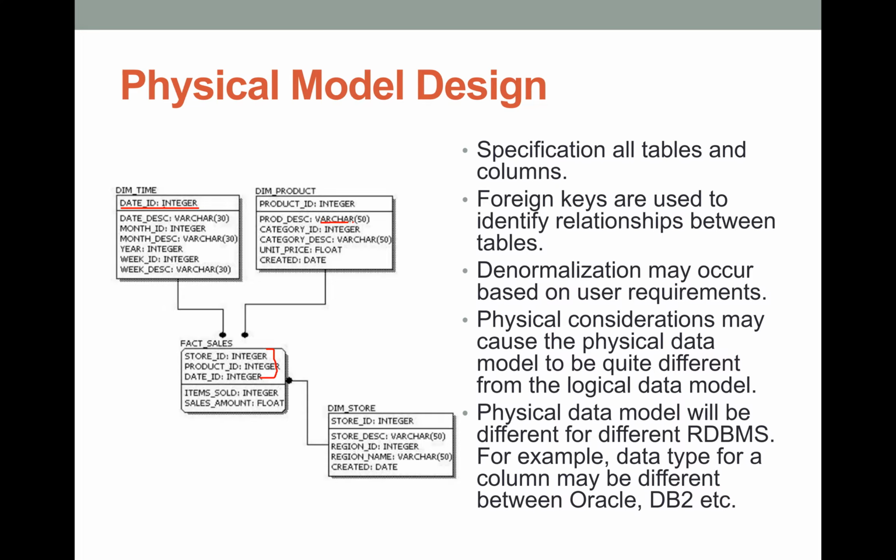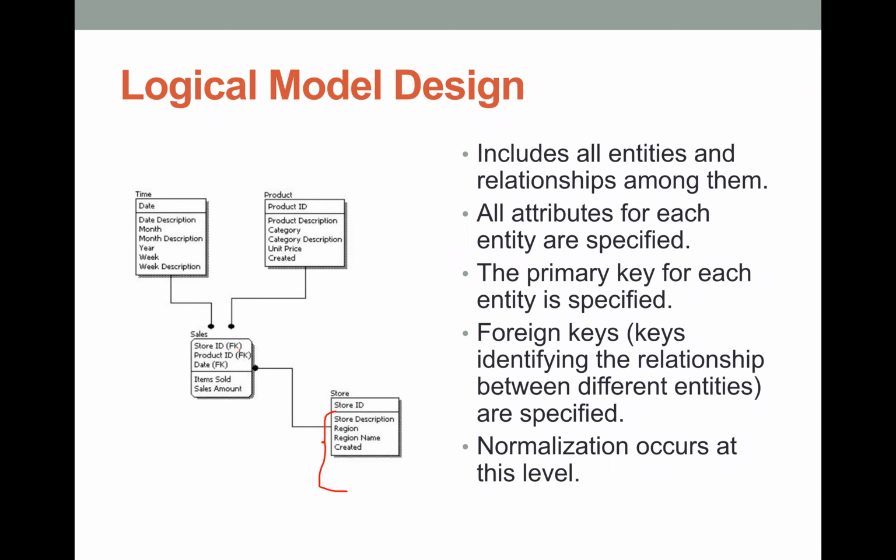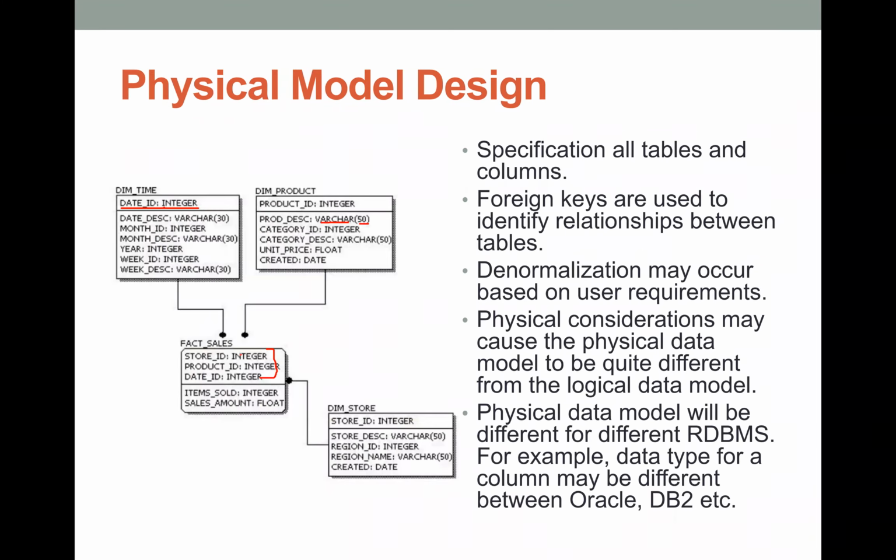What is the data type we need? What is the length? Data length is needed. Here, if you look at the foreign keys, which IDs are in which tables: sales table, fact table, dimension tables, time dimension, product dimension, store dimension, all are dimension tables.